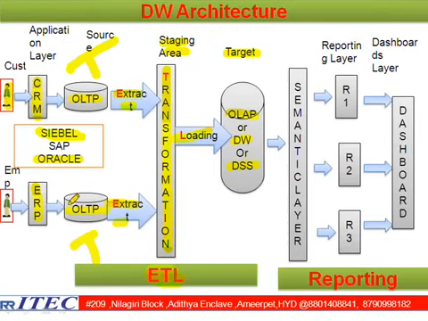Extracting data from different OLTPs, transforming it the way the customer is looking for, and loading that data into the target or data warehouse. Till here, if you do, from here the reporting team comes into the picture. The reporting team will be developing the semantic layer, reports and dashboards. This is the job of the reporting team. You got my point? Any questions till this point?